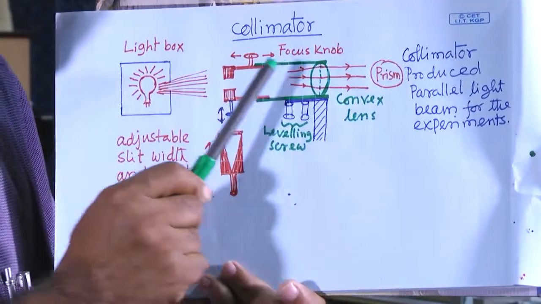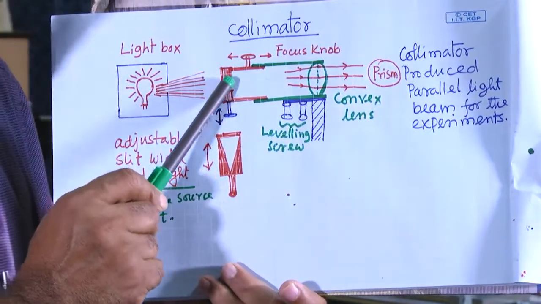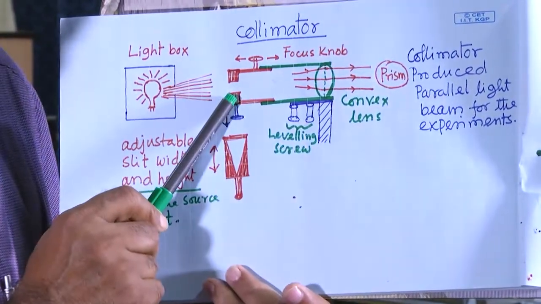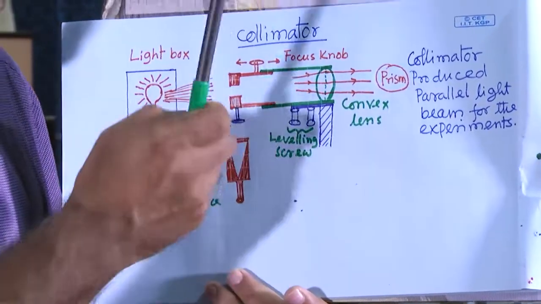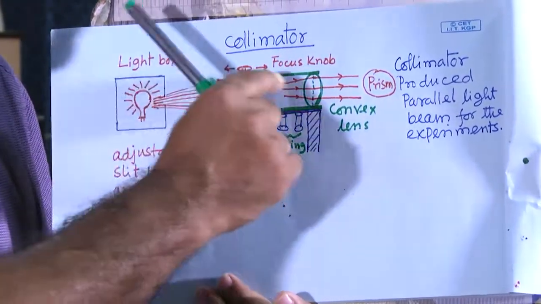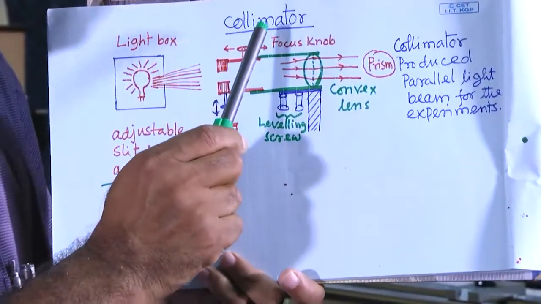So, you know that this slit has to be at the focal point of this lens, okay. To place this focal point on this lens, this slit part you can move. Okay, this is basically the focus knob.